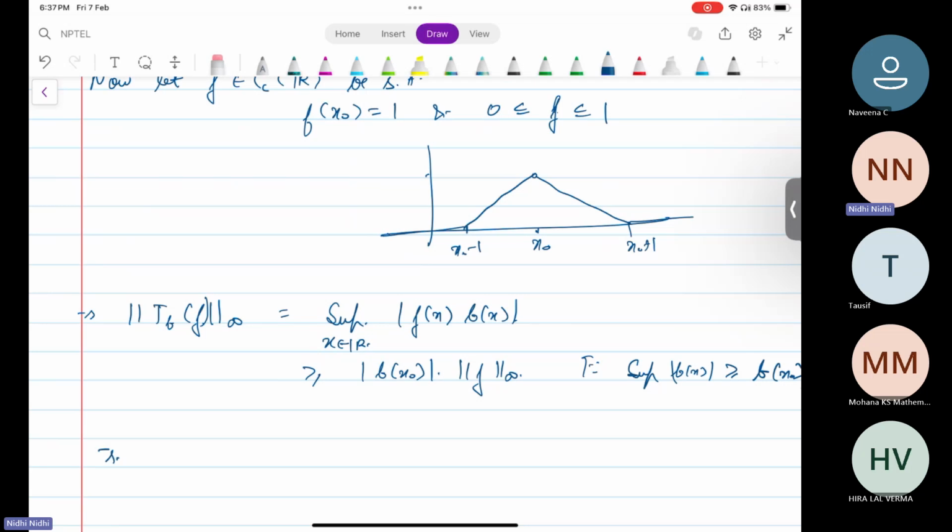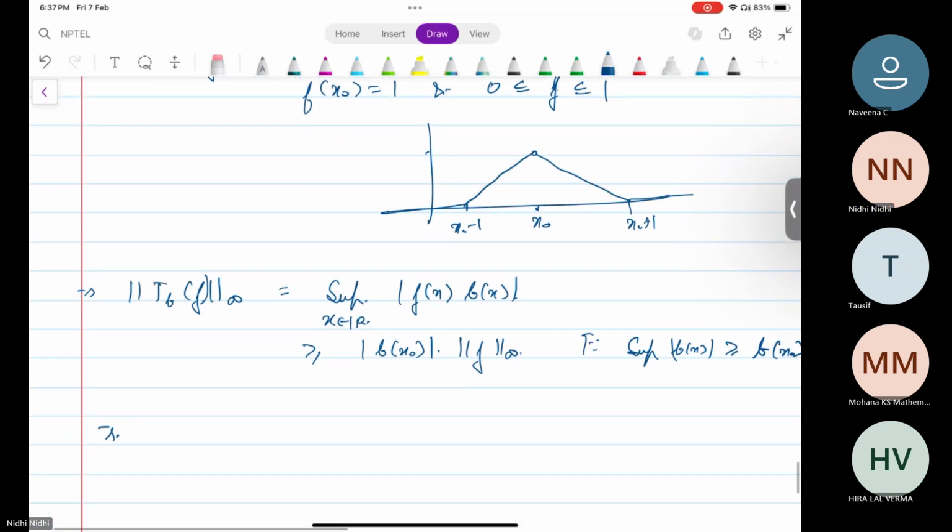This gives us that the norm of T_B is greater than or equal to norm T_B f by norm f.